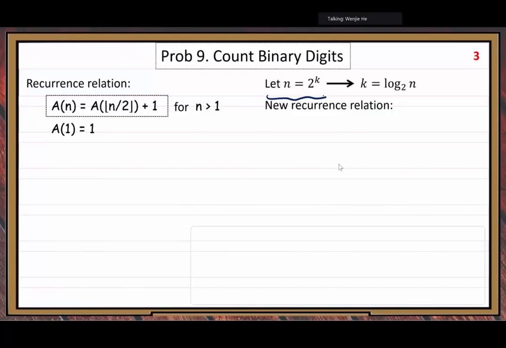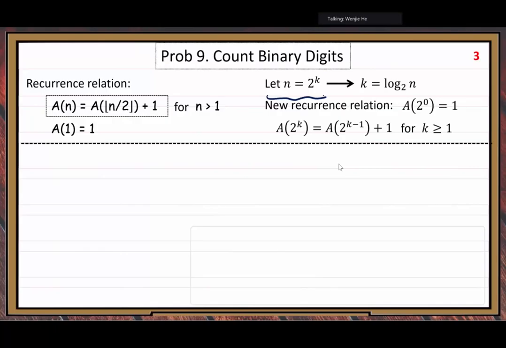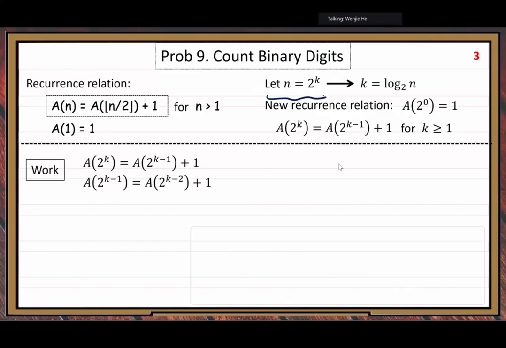Very nice. You do not need to deal with any floor function. So that is capital A of 2^k equals A of 2^(k-1) plus 1. No floor function, and every time you do division by 2, no fractional part, always an integer part. So our first recursive function call, second recursive function call, third one, and so on. Keep doing until we reach the last recursive function call, the last one.